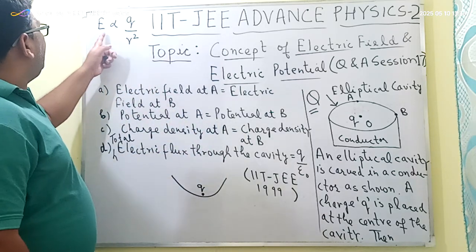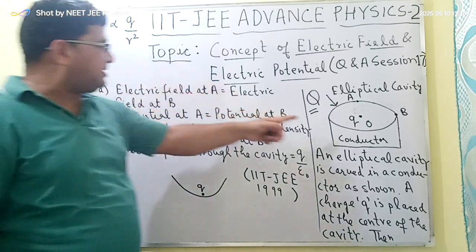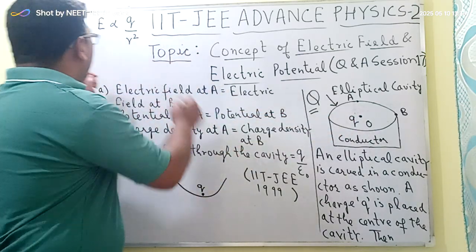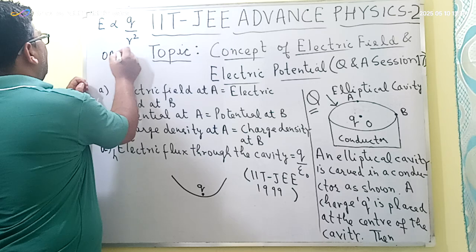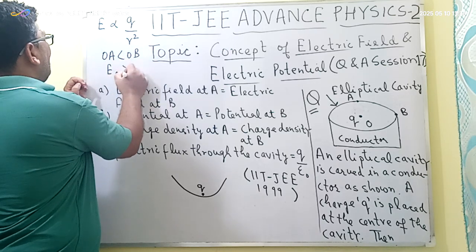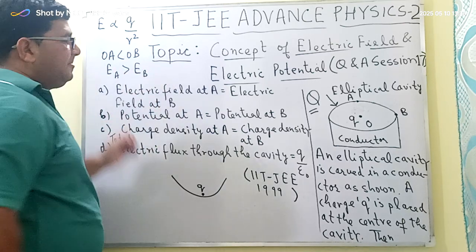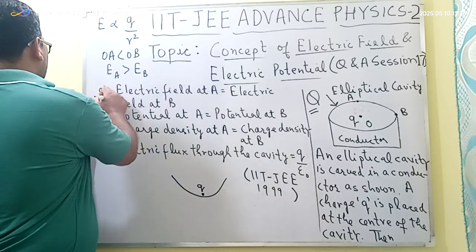So since E is directly proportional to Q upon R square, and OA is less than OB, the electric field intensity at A will be more than the electric field intensity at B. So this option is wrong.